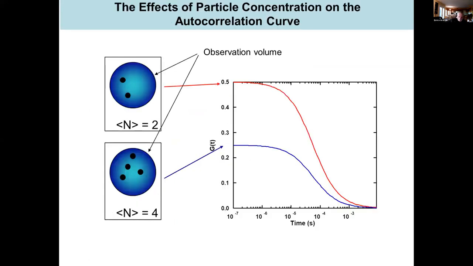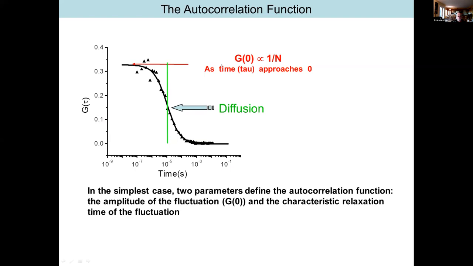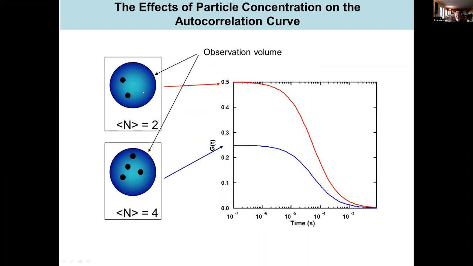So let us go to the very first thing, which is what happens at very short time. And what happens at very short time, you have to follow my reasoning, which is based on single molecule. If sometimes I have two molecules in the excitation volume, I will have a given intensity. If one of those molecules leaves the excitation volume, the intensity will be divided by 2, because I have 2 and then only 1 will be there.